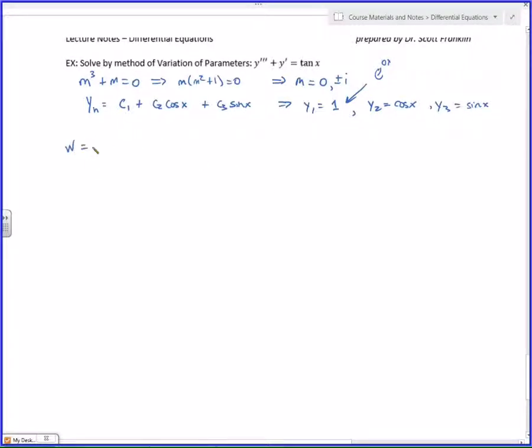So, W. 1, cosine x, sine x. Take the derivative: 0, negative sine x, cosine x. Take the derivative: 0, negative cosine x, negative sine x.